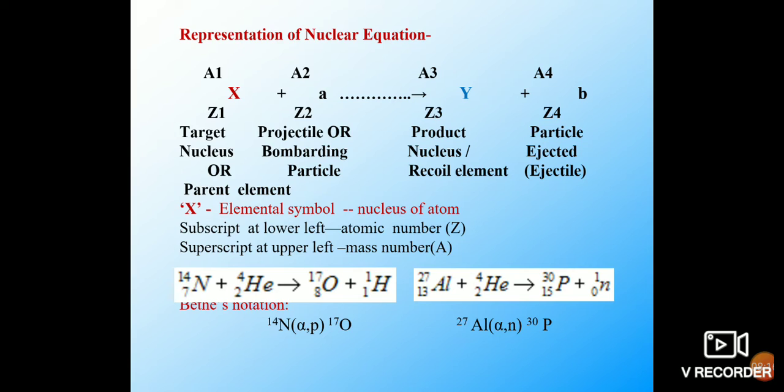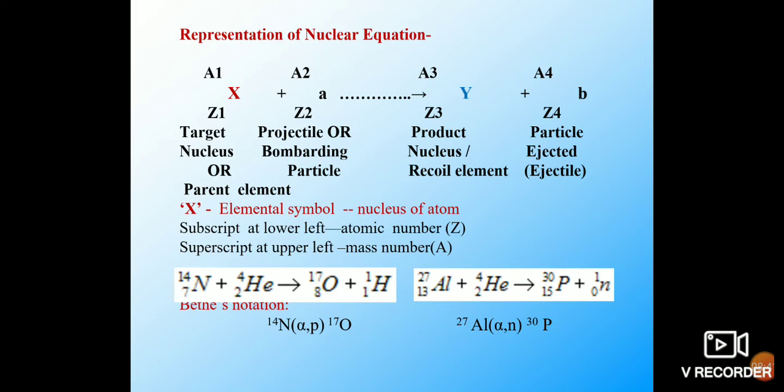Okay, see here, this is the representation of the nuclear reaction, that is X plus A gives Y plus B. So here we are writing something in the first position, then second position, third position and fourth position. It has definite meaning.